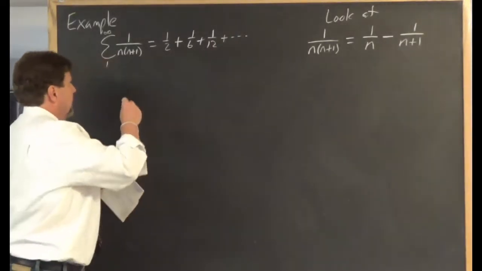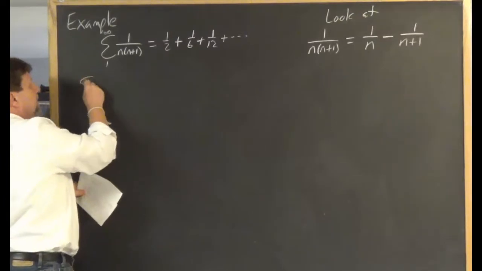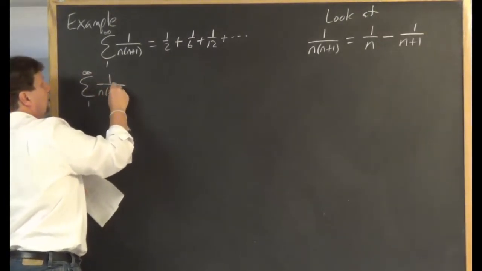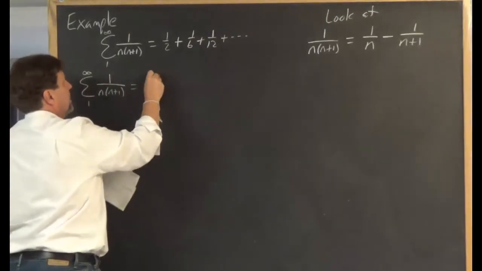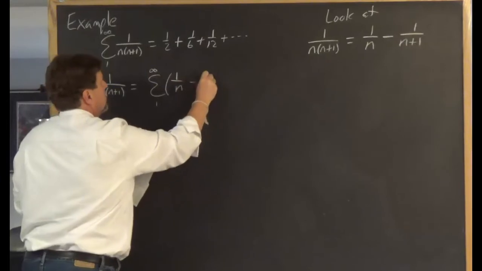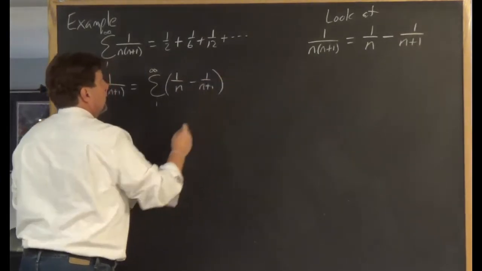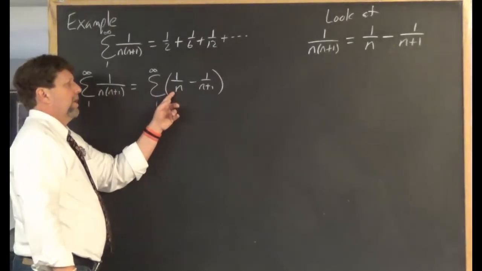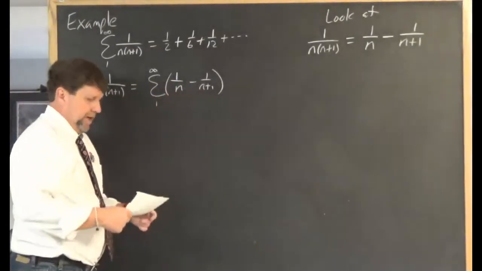All that means I can take my series and say, all right, another way to look at the series is, since 1 over n times n plus 1 can be rewritten as 1 over n minus 1 over n plus 1.